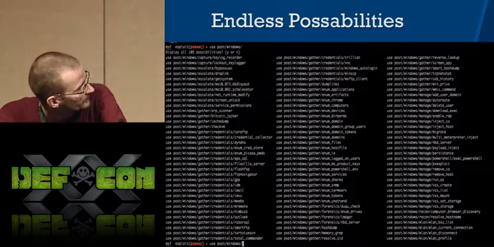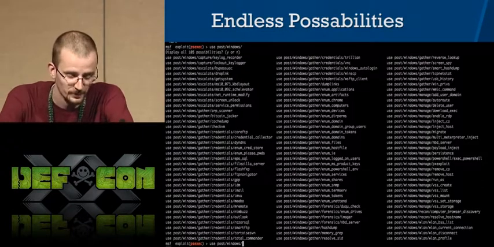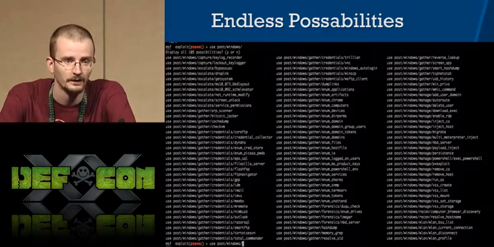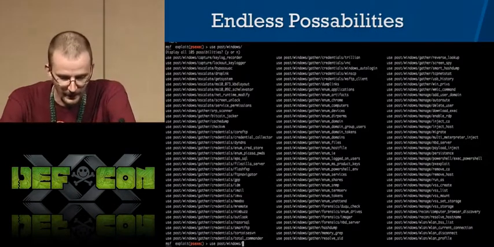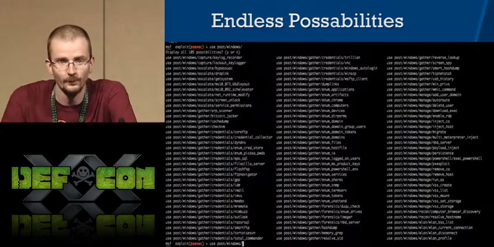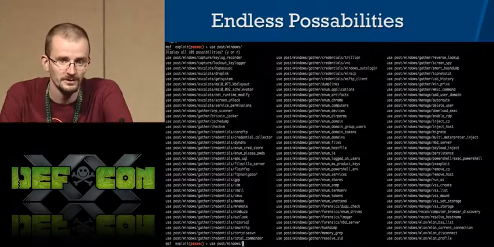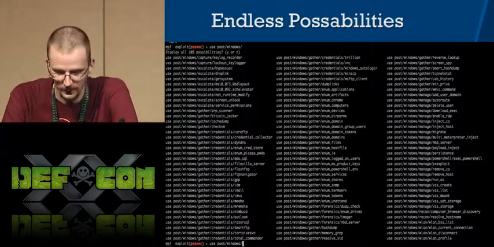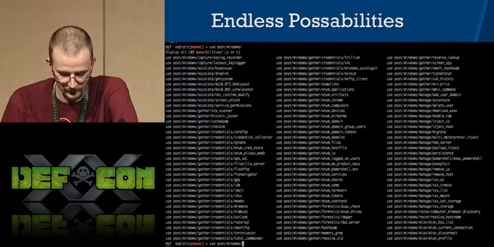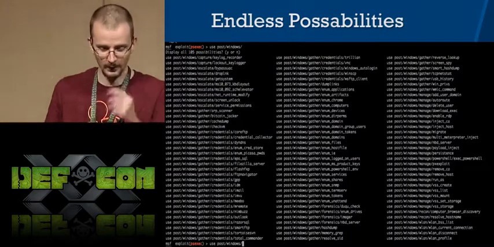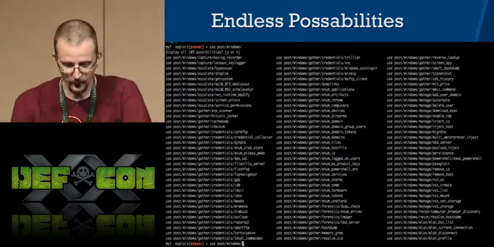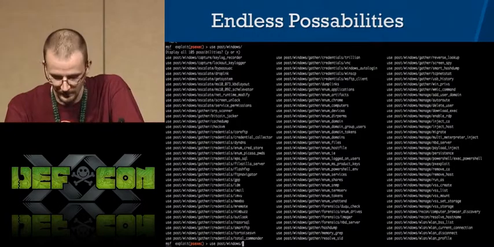Just in Windows post modules alone, there are 105 modules currently in the Metasploit framework. And these do everything from screw with the wireless card to decrypting stored passwords to just about anything you can possibly imagine. And this is all made possible on the Windows environment from our Meterpreter payload.